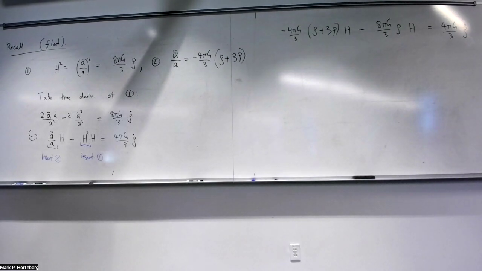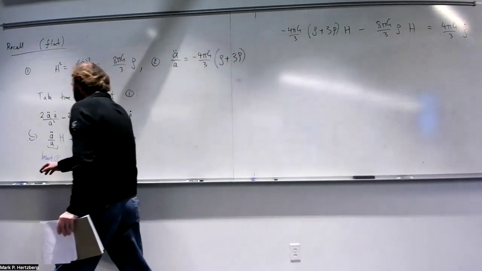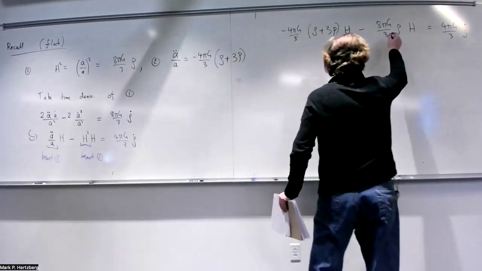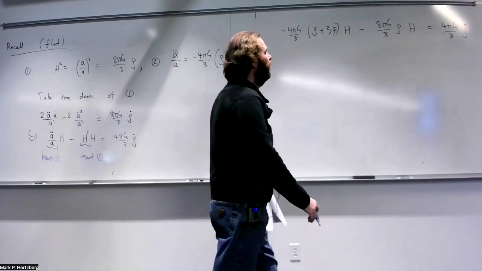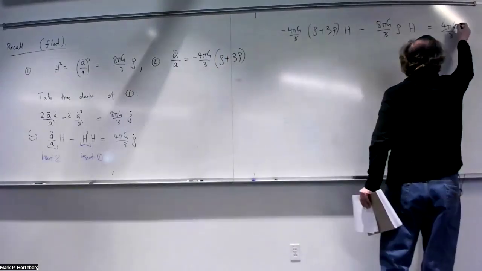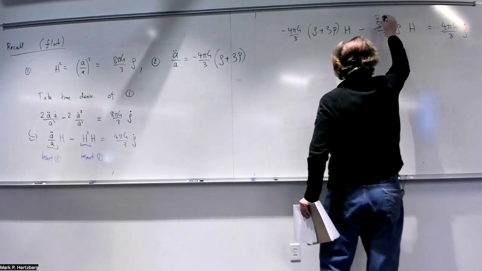That's what I get. And it actually simplifies a lot. For example, these 3's, I'll get rid of them. You can divide by the 4 pi G's, cancel that, cancel that. This will leave you with a 2.